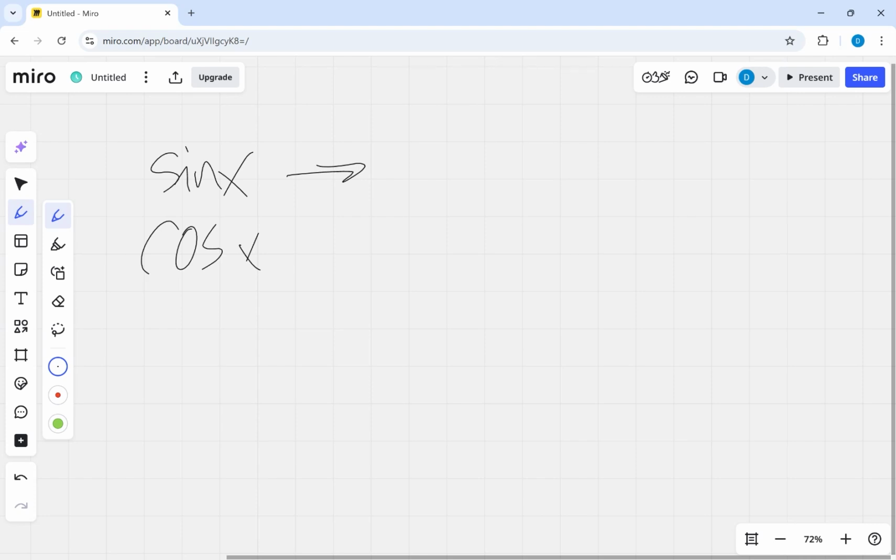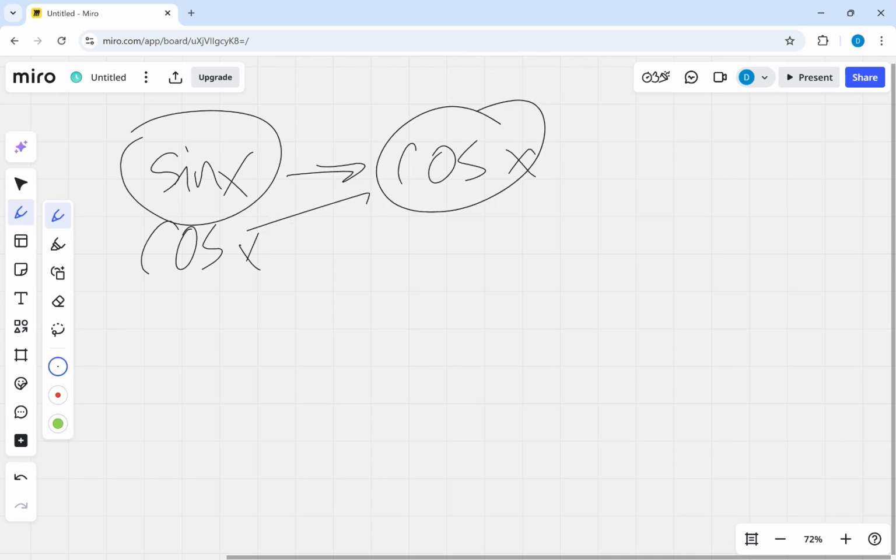Sine derives into cosine, right? Which means that this is circular, right? Because we start at sine, we go to cosine. Cosine goes to negative sine.